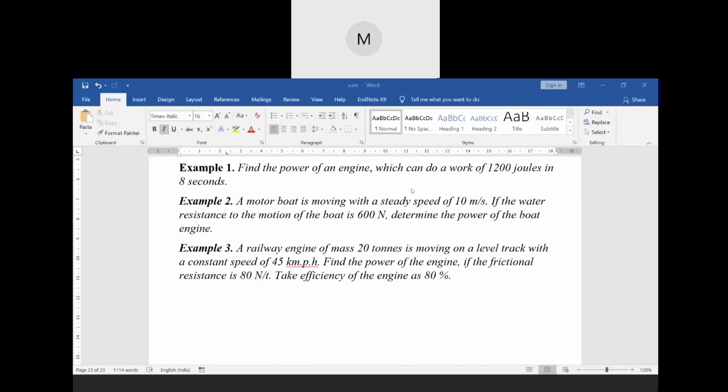Now understood. When you multiply these two, you will be getting the F, na? Then there is velocity also. So you will be multiplying these two and you get the expression. समझा?